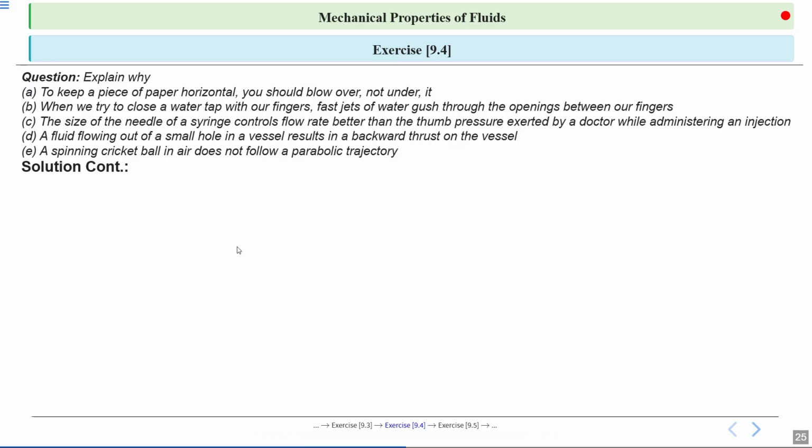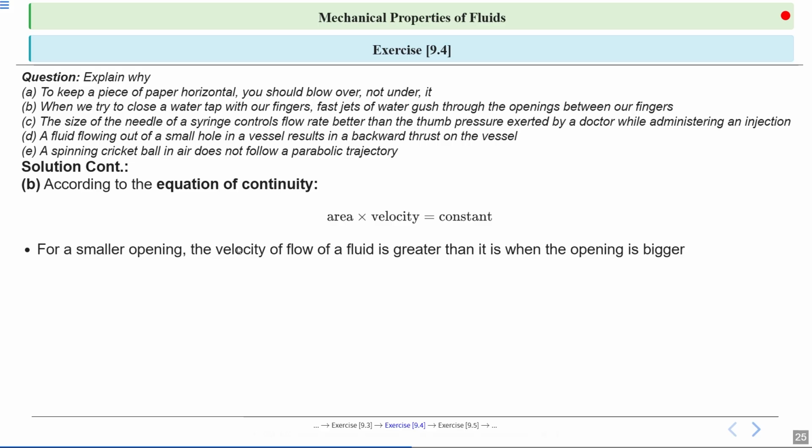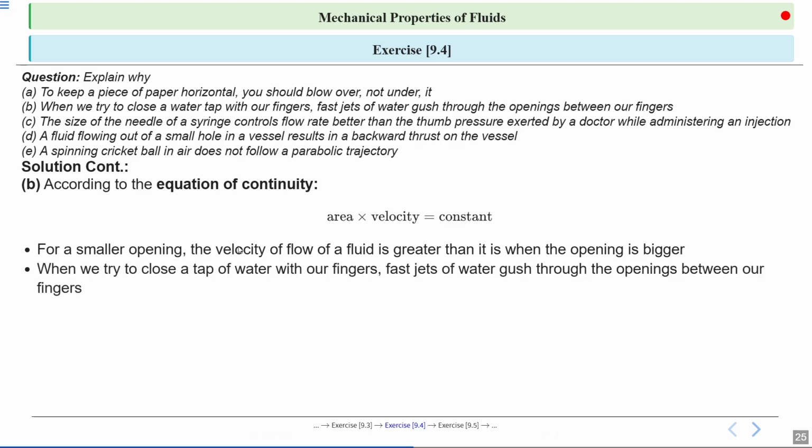Now, let's focus on part B. According to the equation of continuity, area into velocity equals a constant. For a smaller opening, the velocity of flow of a fluid is greater than it is when the opening is bigger. When we try to close a tap of water with our fingers, fast jets of water gush through the openings between our fingers.